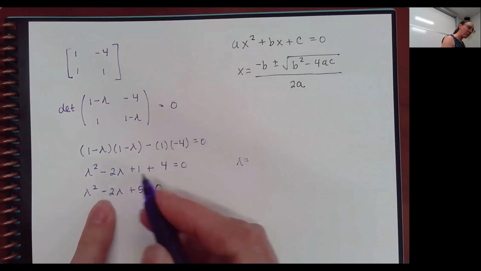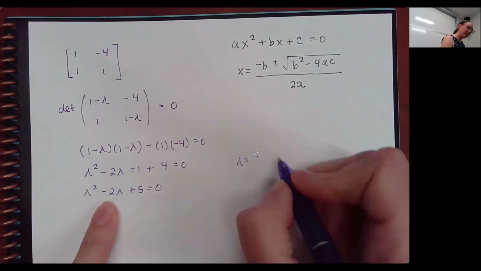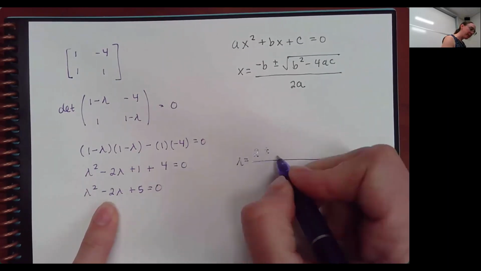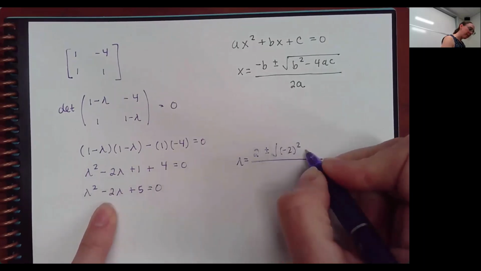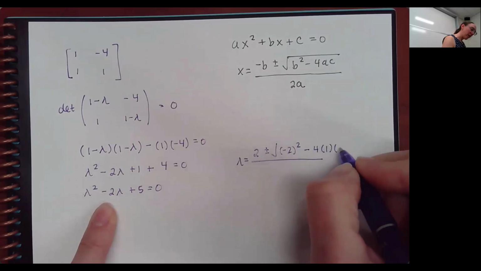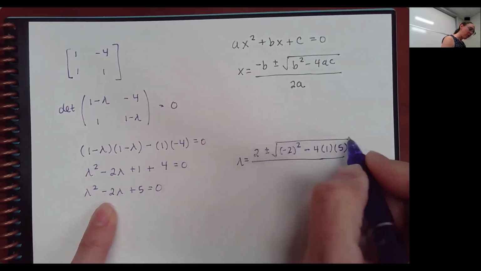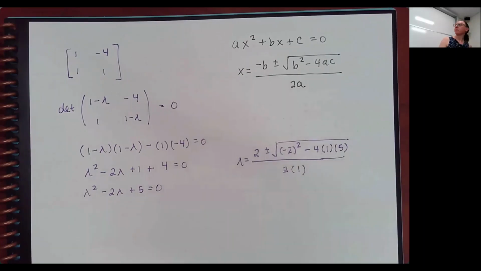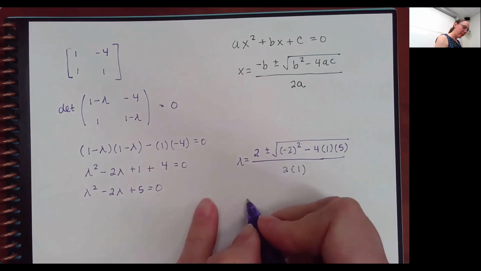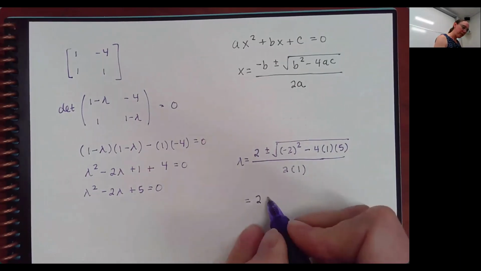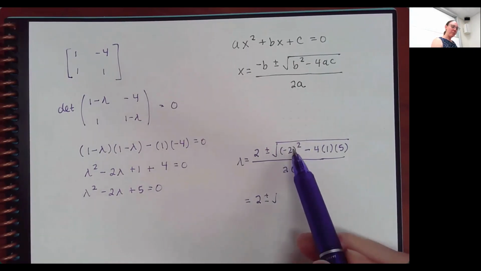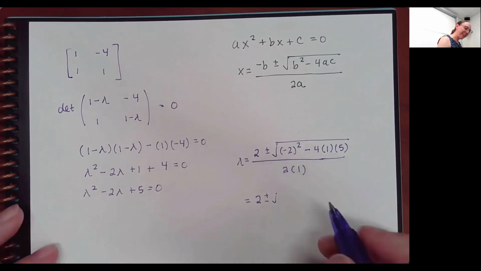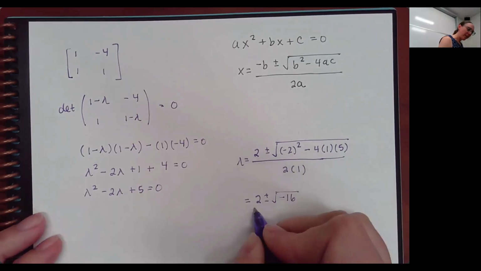It's already -2, so I'm going to switch the sign and make it positive, plus or minus the square root of -2 squared minus 4 times 1 times 5, all over 2 times 1. So that's 2 plus or minus, and now inside my square root, -2 squared gives me a 4, and 4 minus 20 is -16. The whole thing is over 2.